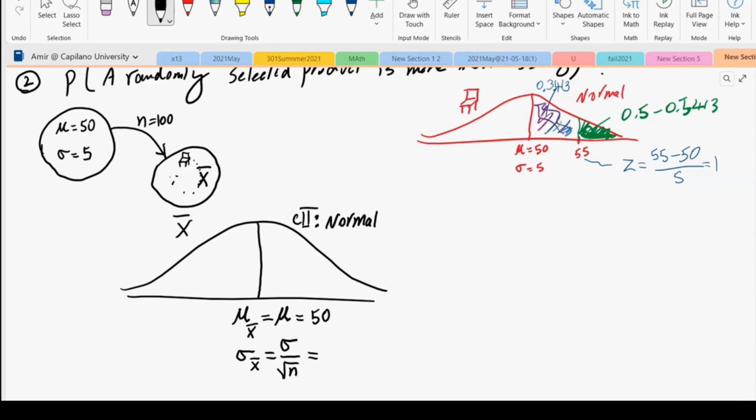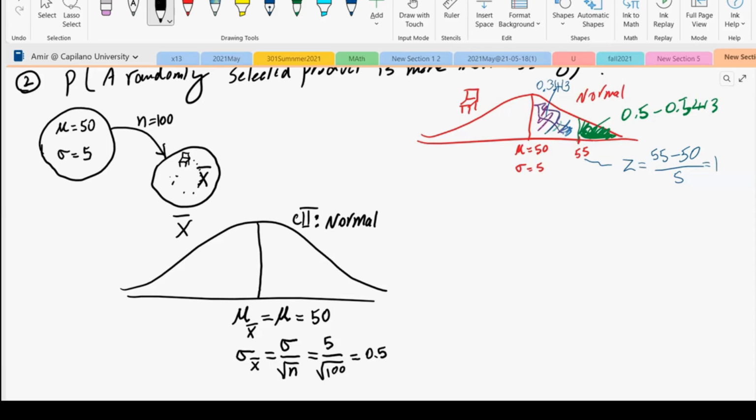Based on the central limit theorem, the standard deviation of X bar, how much X bar varies, is the standard deviation of the population divided by the square root of 100. Therefore, the variation of X bar is 0.5. So these vary very little.